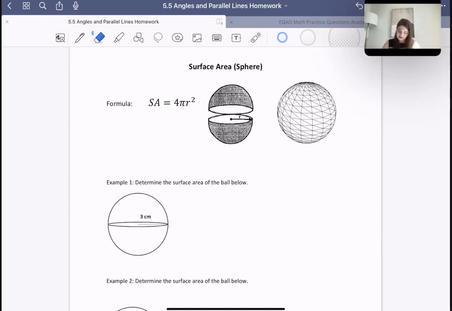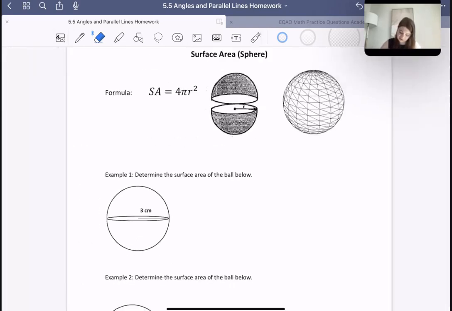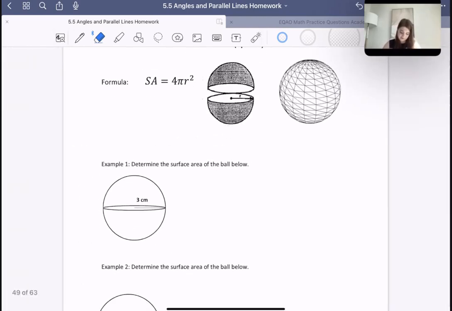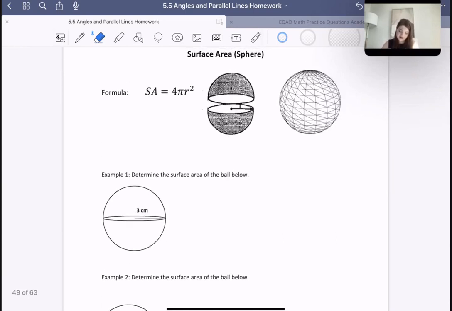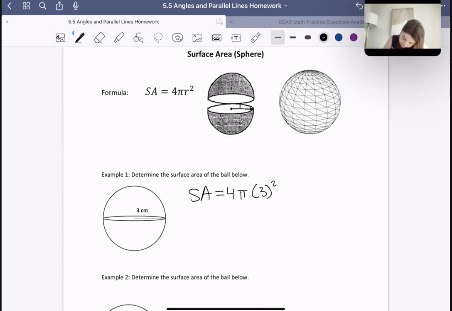Okay, so let's answer these next couple questions. Here it says determine the surface area of the ball below. Well, it looks like the radius here is 3 centimeters. So the surface area is going to be equal to 4 pi 3 squared, which is equal to 4 times 9 times pi, which is going to be 36 times pi.